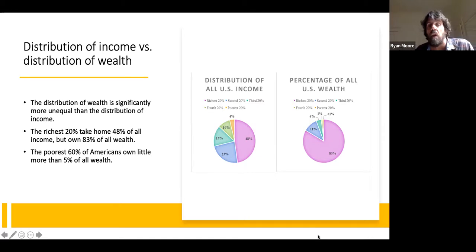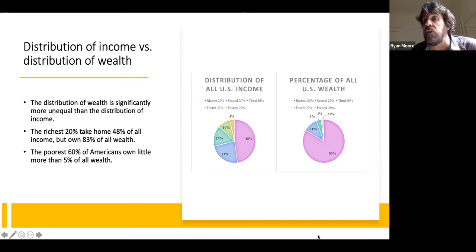Whereas the poorest 60%, the majority of Americans, own less than 5% of the wealth, while taking home maybe about 30% of the total income. So the distribution of income is certainly skewed and unequal, but the distribution of wealth is much more unequal.